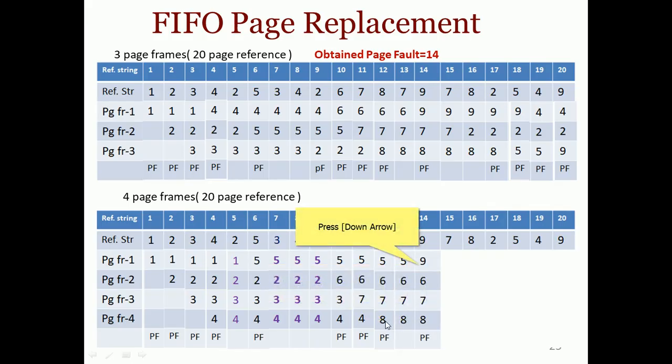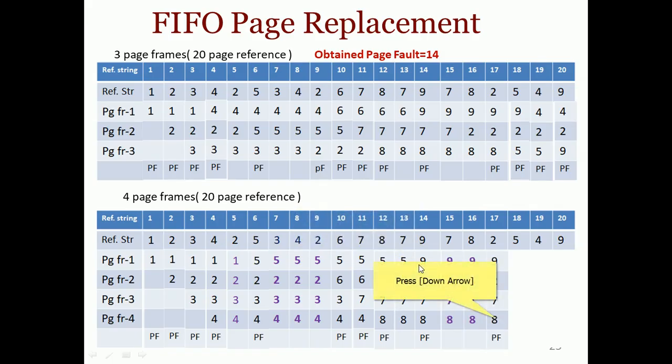Similarly the 7th page is demanded, no page fault because it is already there. The ninth page is demanded because it is not here, so we replace the older page, called 5. Similarly the 7th page is already there, the 8th page is already there, the second page is needed, so we replace the old page, called 6, so that becomes a page fault.